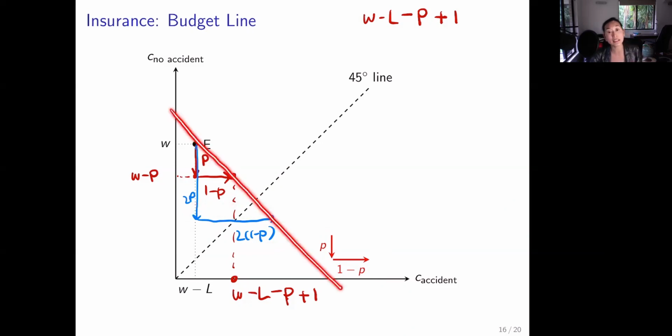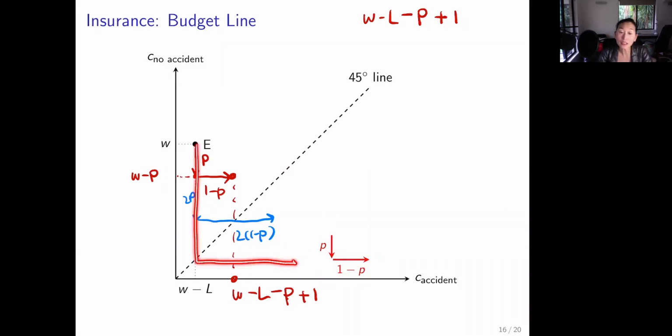So that's going to be like a straight line, just like a budget line that you are familiar with. But the slope of the budget line, instead of px over py, now it's going to be the price of insurance, or p over 1 minus p. Okay, so as you buy more units of insurance, you're going to be moving further down, right?